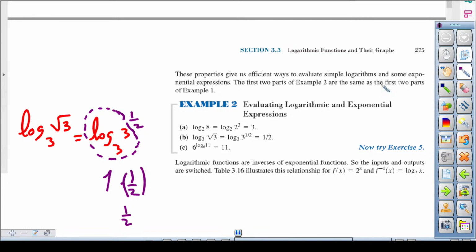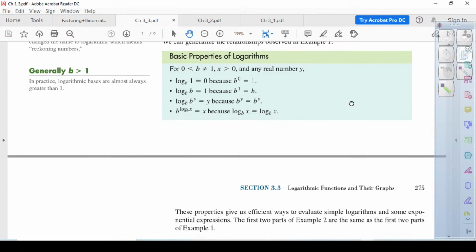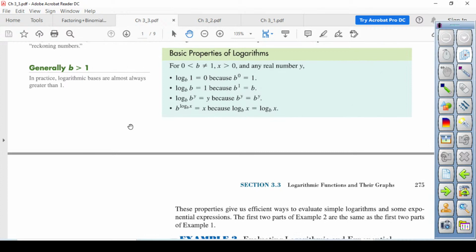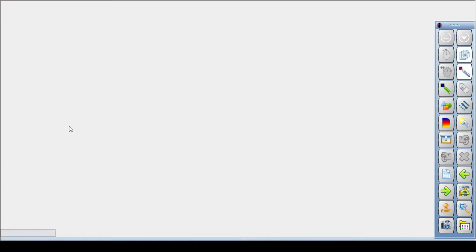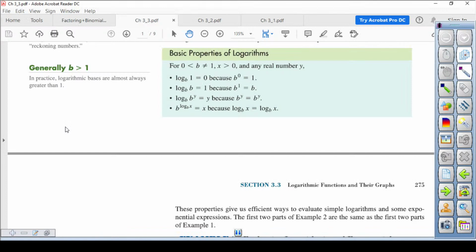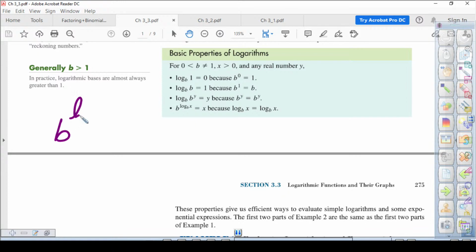Last property for this section, for this particular example, is this one here. Let me scoot up a little bit. This one says a weird property in logs, but it's useful sometimes. What if you actually have the base raised to a log of the same base? Base raised to a log.